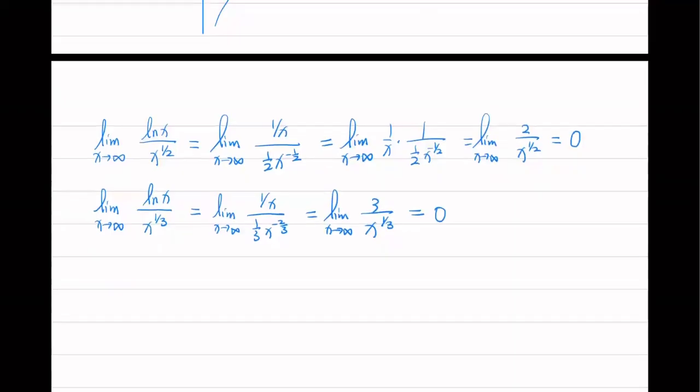Okay, now, without any computation, can you guess what this limit is if I replace it with 100? So 100 square root, it goes to infinity very slowly. Which one is slower?